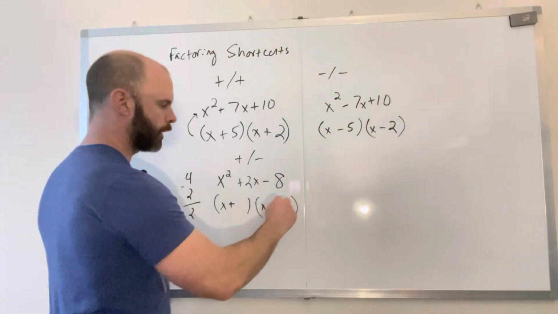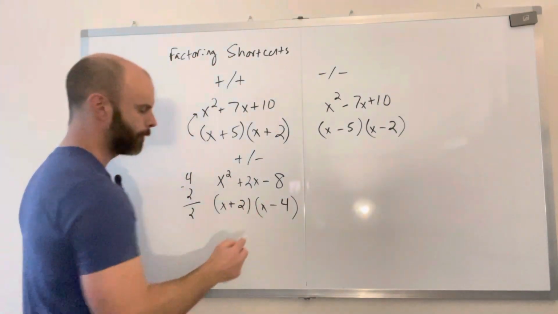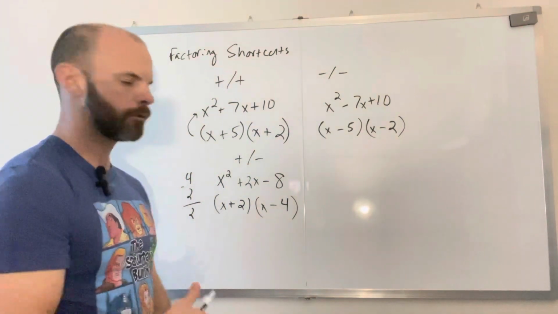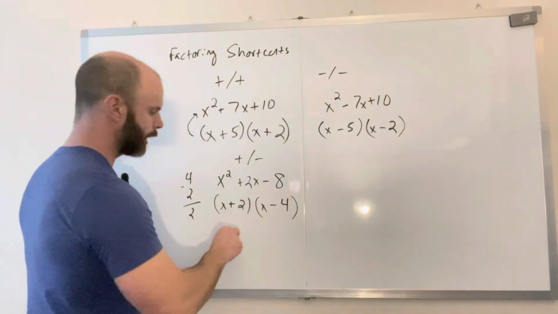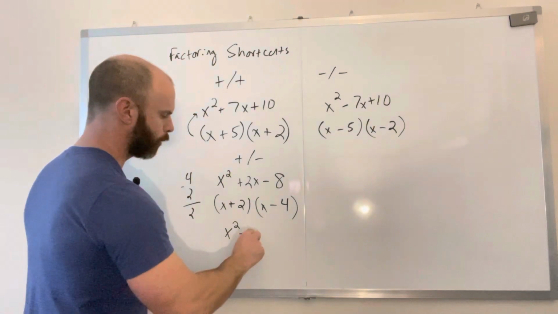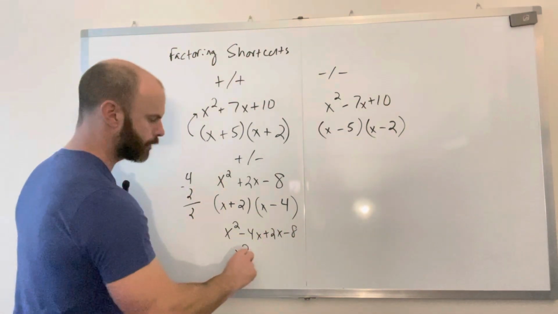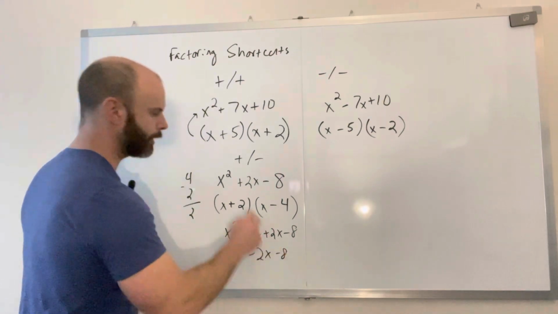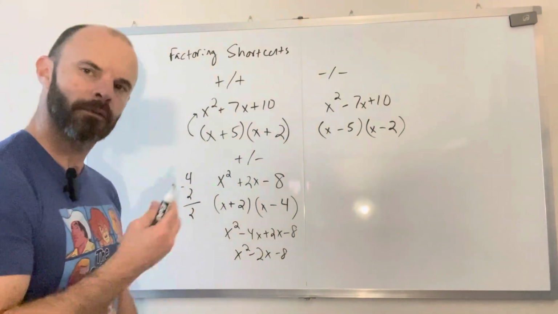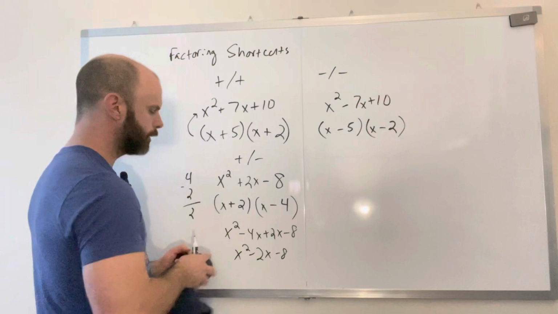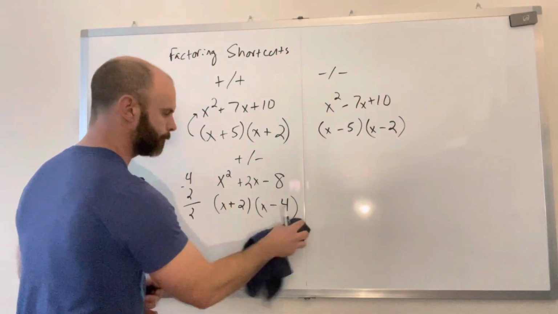Well, if I put a 4 here, okay, and I make the mistake, I'm going to go ahead and FOIL this, okay? And when I FOIL this, I get x squared minus 4x plus 2x minus 8, which would be x squared minus 2x minus 8. Hey, that doesn't work because I wanted a plus. So I know I made a mistake. So I'm going to instead erase that.